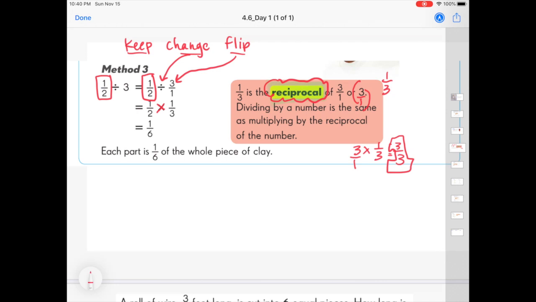Remember, we're just flipping the numerator and the denominator. Now we have 1/2 times 1/3, and we can multiply, and that gives us 1/6. So the third method, the shortcut keep, change, flip, helps you to easily divide a fraction by a whole number.